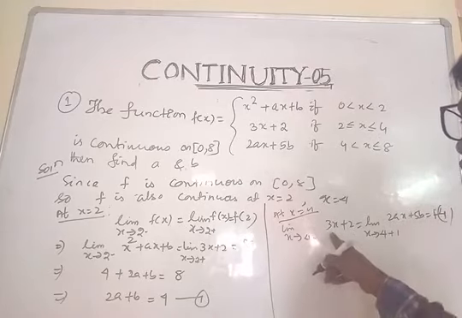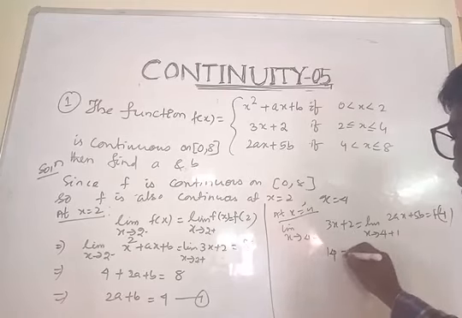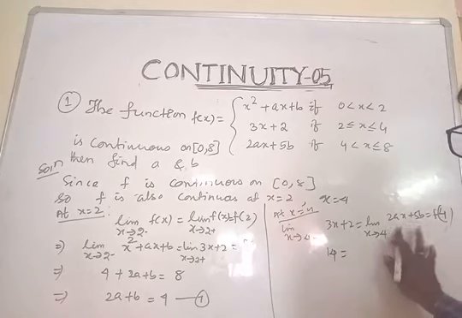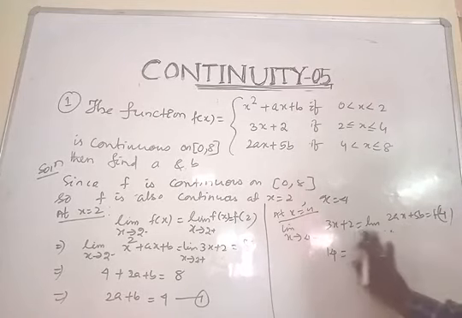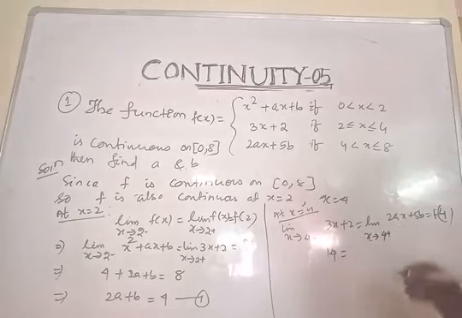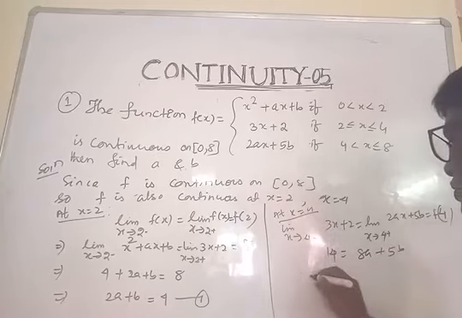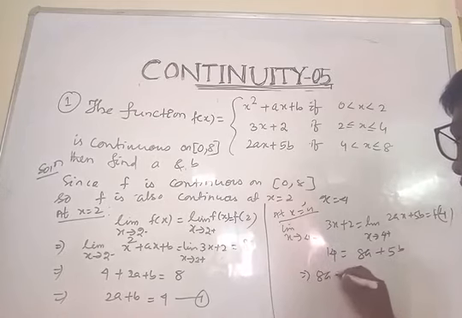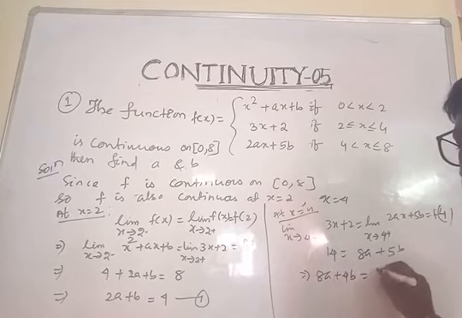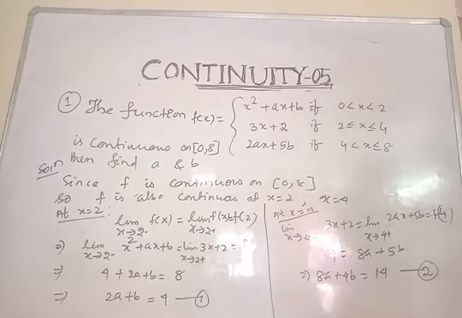So this is 3 into 4, 12 plus 2, 14, and this is x tends to 4 plus, 8a plus 5b. So 8a plus 5b is equal to 14. This is equation 2.